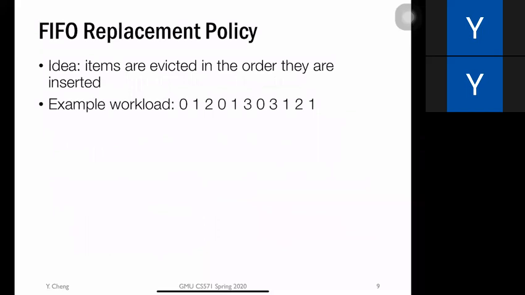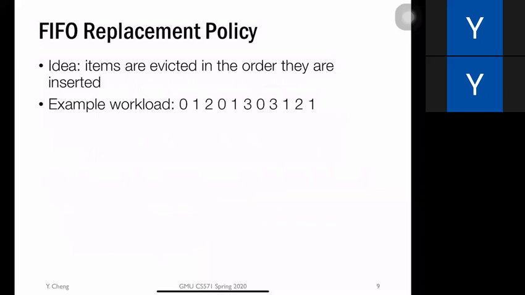So in this slide, we're going to use a really simple toy-like example, which is shown in this second bullet, to walk through how exactly the FIFO page replacement policy works. Okay, so the example workload is just a string of integers, right?